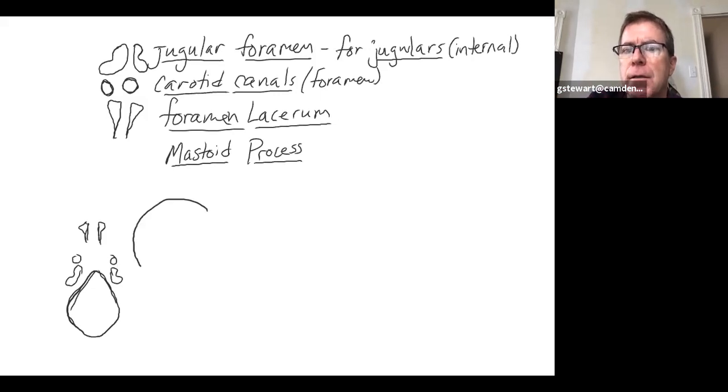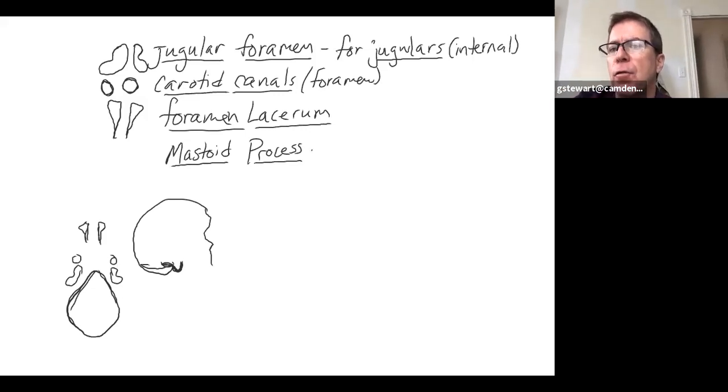There's my skull. If this is the floor of the temporal bone right here, it hangs down like this, almost like a finger. It's like the size of your little finger, and it hangs down. And it is a place for attachment of tendons for muscles in the neck. So I'm just going to write anchors, neck muscles.